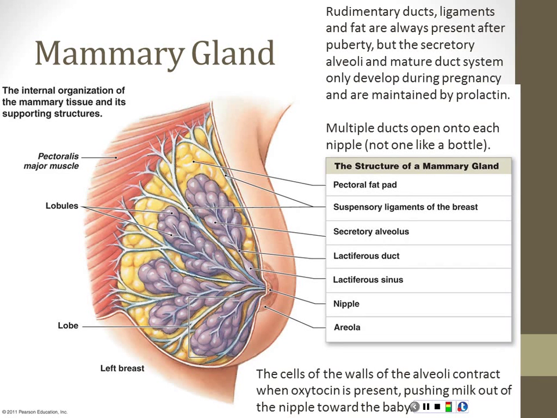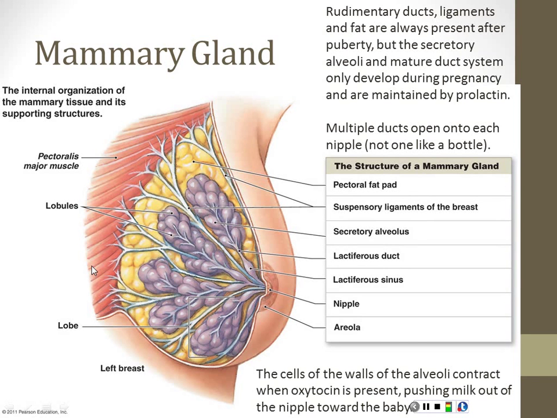This is anatomy you may not have heard about before. So the breast exists outside of the muscle coat but inside the skin coat. Okay, so this is the pectoralis major muscle, the most superficial muscle of the anterior chest. Just to give you a point of reference, that's this.